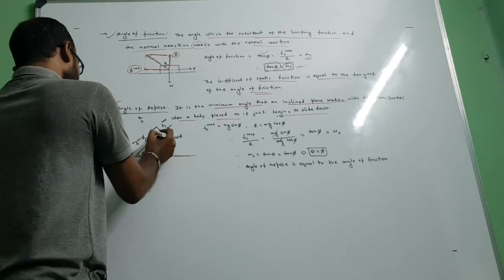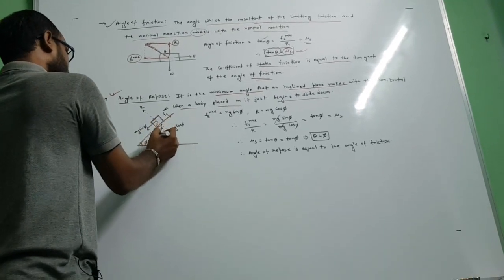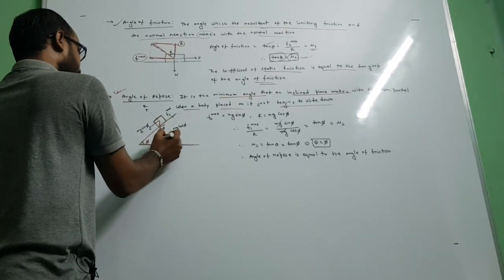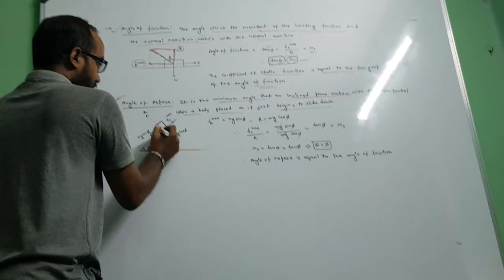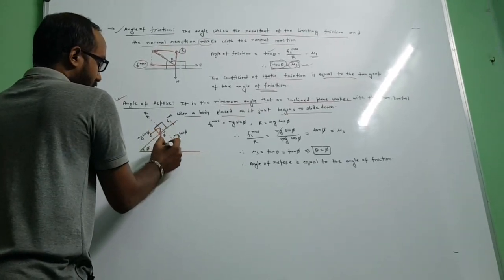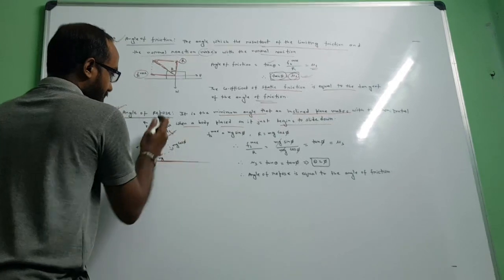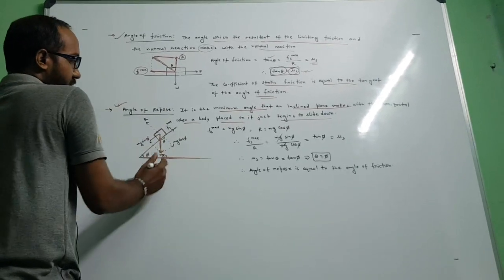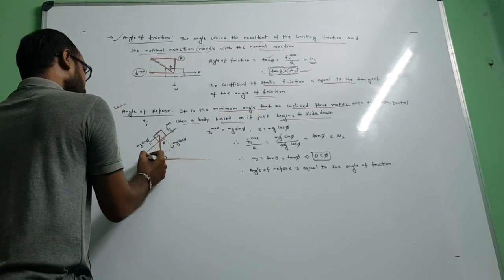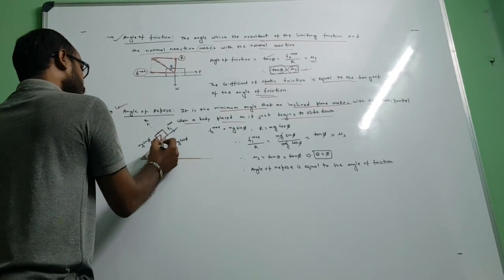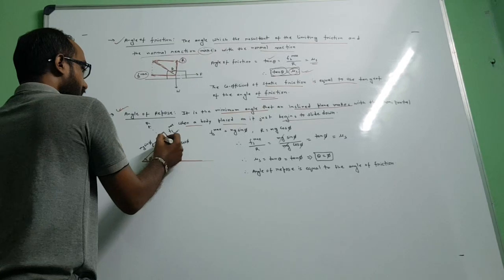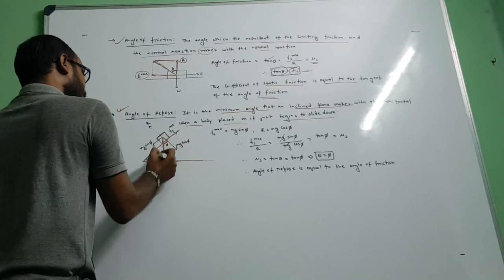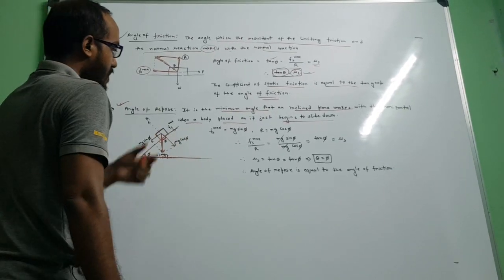As we already know, our weight always acts perpendicular to the horizontal surface. So from the center of gravity, the weight acts downward. If you extend this, this is the perpendicular. If this is phi, this is 90 degrees, so this would be 90 minus phi, so this angle would also be phi.